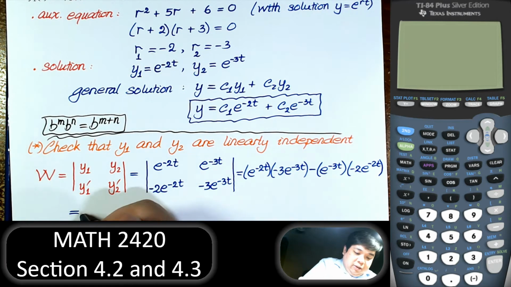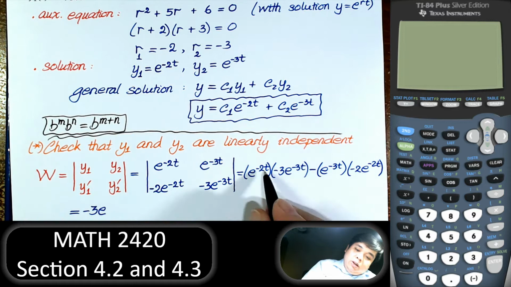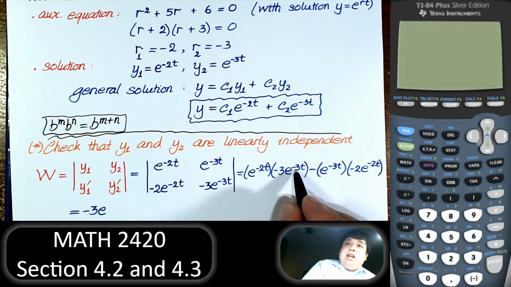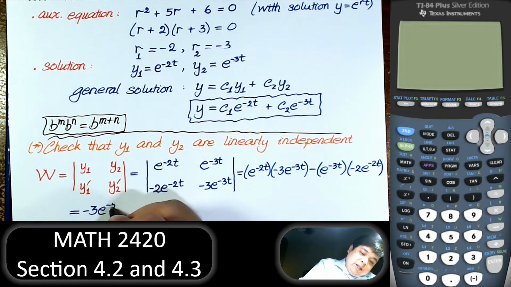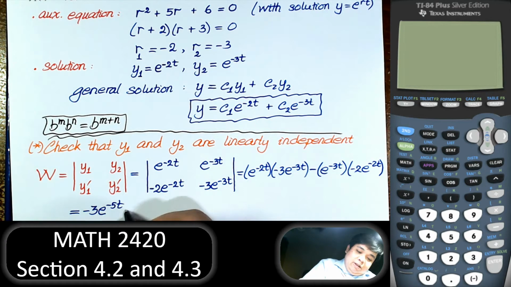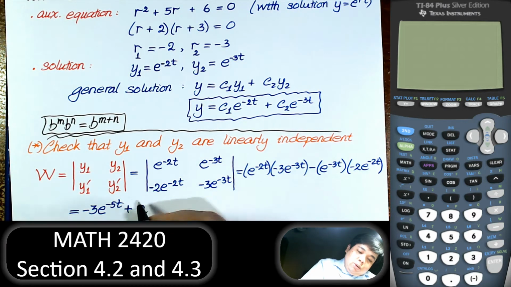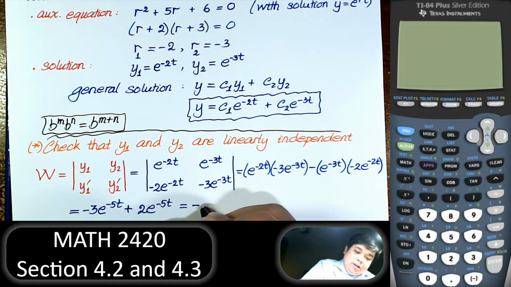And with the negative 3, we have negative 3 e to negative 2t and negative 3t, that's negative 5t, plus 2 e to negative 5t, and combined we have negative e to negative 5t.